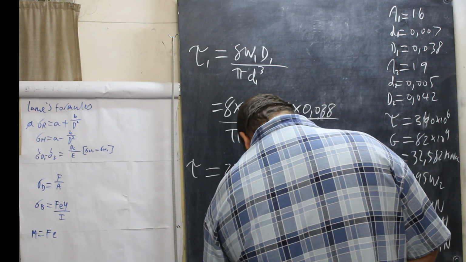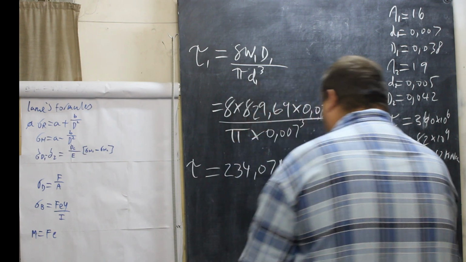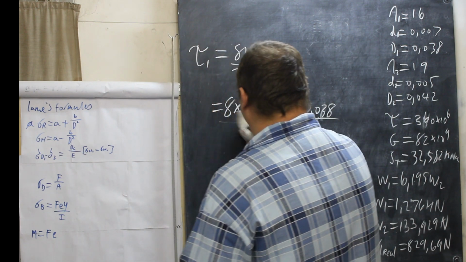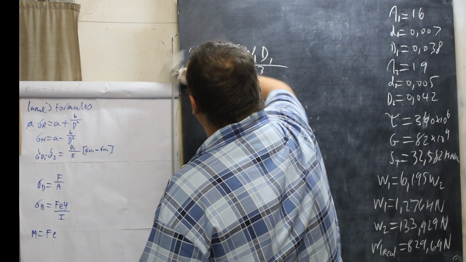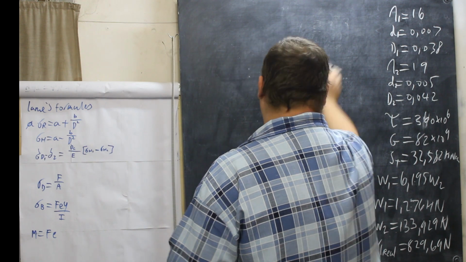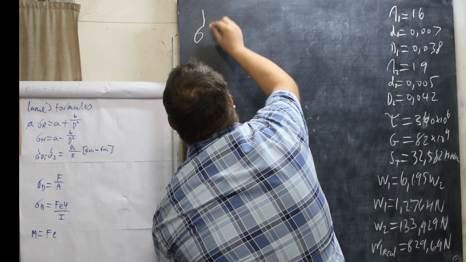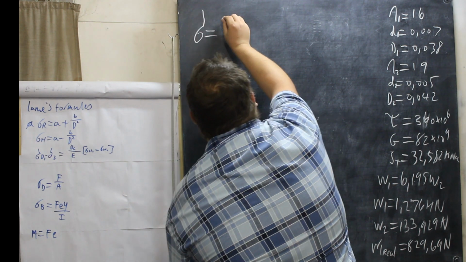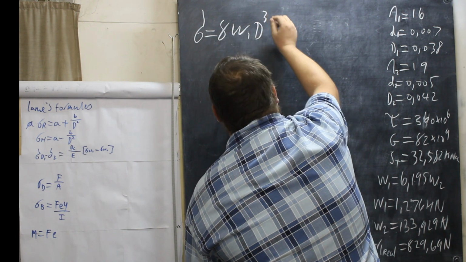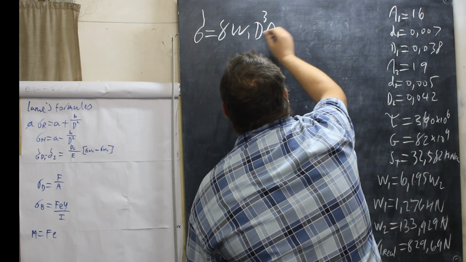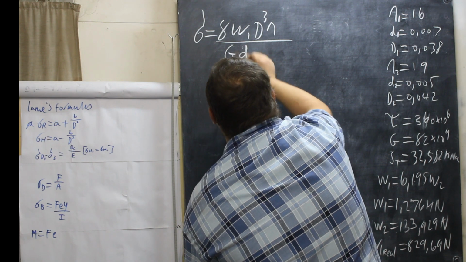So the second to last question, we do not need this tau. The second to last question is the deflection. So deflection equals 8W1 D3 to the n over G D to the power 4.